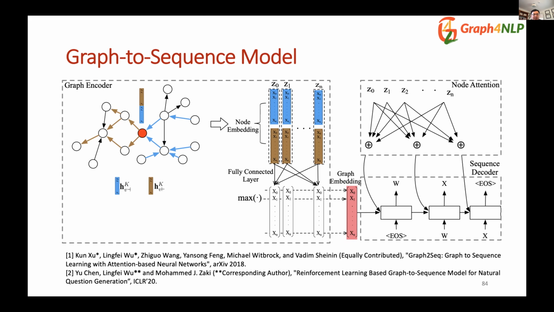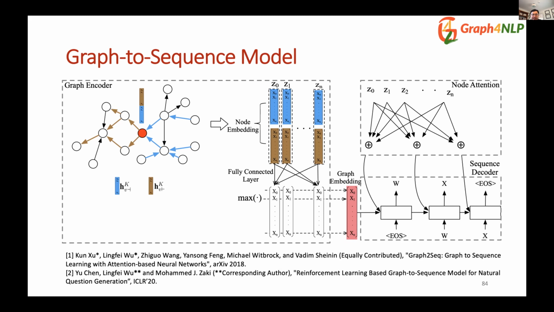Essentially, in this model, we try to split the incoming and outgoing edges. Therefore, we can develop what we call the bi-directional node embedding that we introduced a little bit previously. Once you learn the node representation for each graph node, you can use an MLP, for example a max pooling, to formulate a graph-level embedding that will be passed to the sequence decoder.